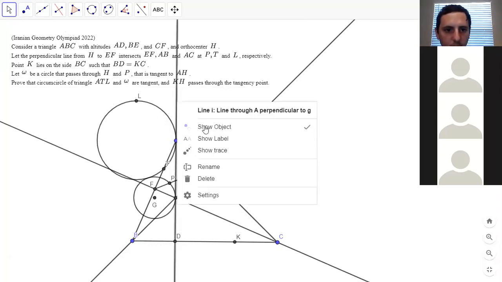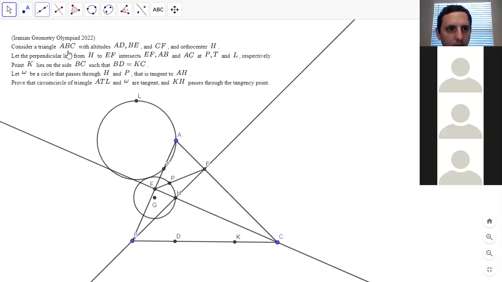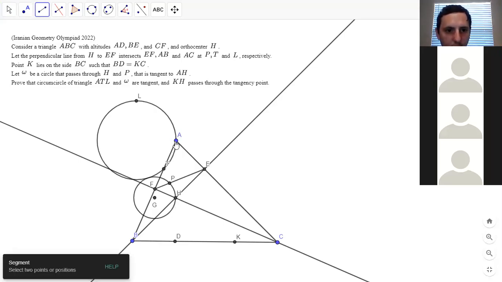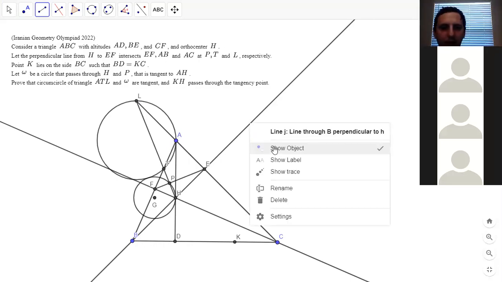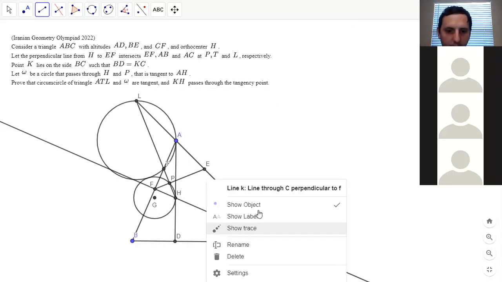The tangency point lies on the circle of AEHF. Oh, interesting. All right. That is good to know. I don't know the proof, just saw it. You just saw it with GeoGebra. All right.